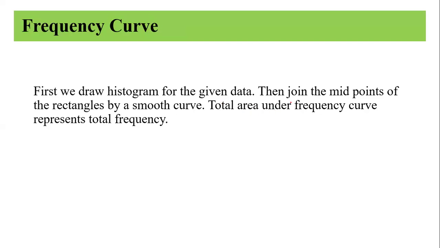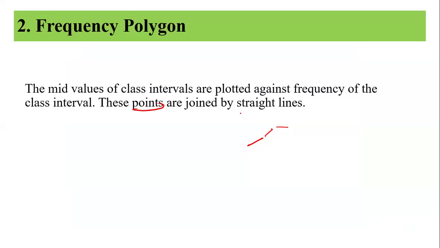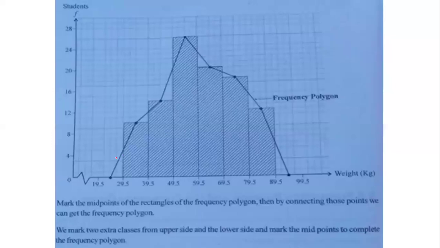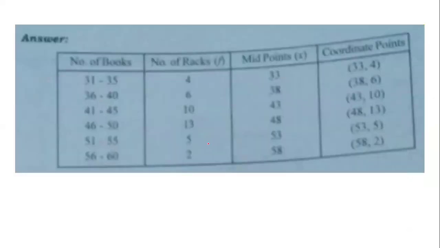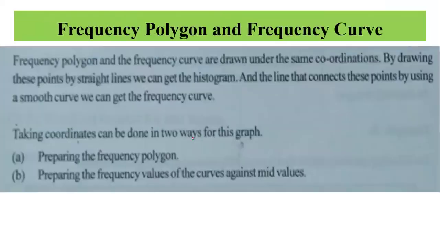Some people join this with a smooth curve, not a straight line. If they prepare it with a smooth curve, this is called a frequency curve. The frequency polygon we can prepare like this.